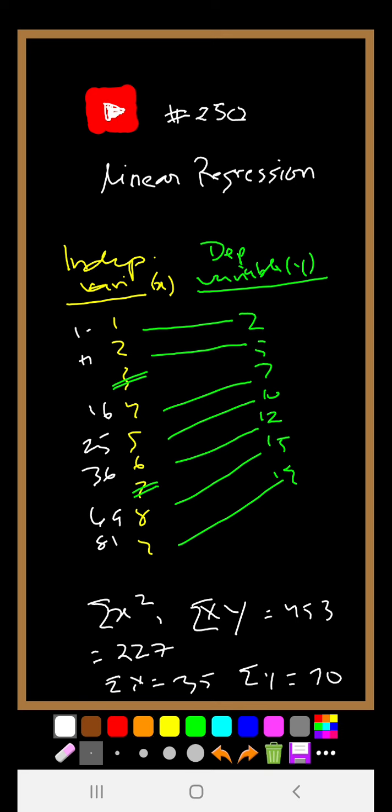So we'll now use the equations that we have derived in our last class, the equations for a0 and a1.